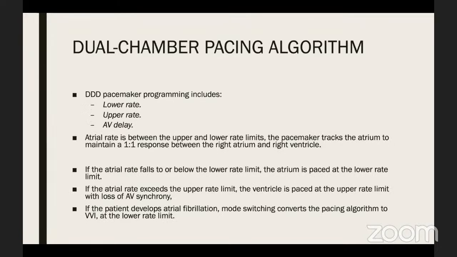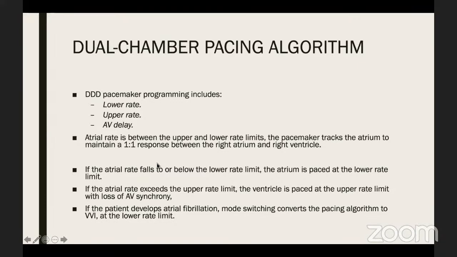So, as we see here, the dual chamber pacing algorithm. We have the DDD mode, which is pacemaker programming, including a lower rate, an upper rate and AV delay. The atrial rate is between the upper and the lower rate limit. The pacemaker tracks the atrium to maintain a one-to-one response between the right atrium and the right ventricle.